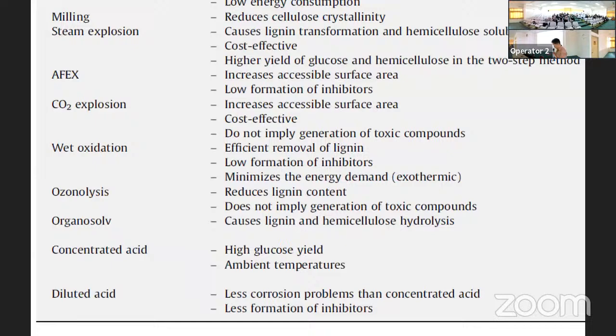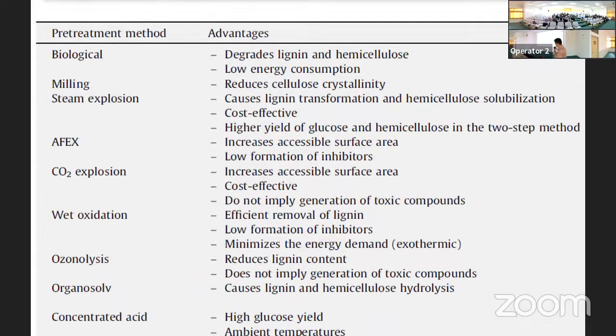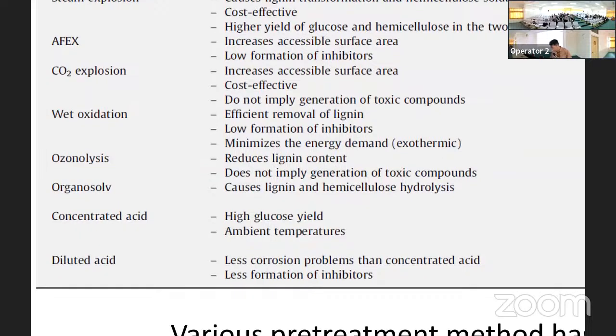And maybe the ideal one is a biological one, using microbes to degrade completely, but it takes a long time, more than 1 year, more than 2 years. So considering the cost, the time, and the equipment, maybe diluted acid is the best one. This is my answer to you. Is it okay? Okay, thank you.